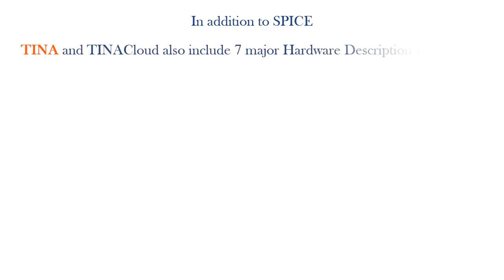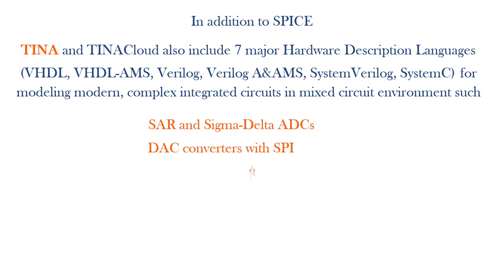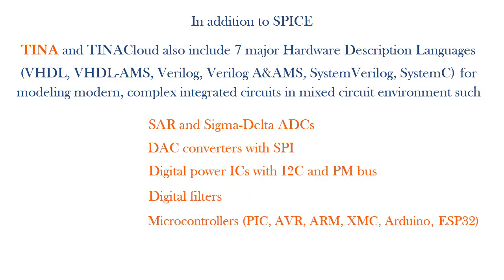In addition to SPICE, TINA and TINACloud also include 7 major hardware description languages: VHDL, VHDL-AMS, Verilog, Verilog-A and AMS, SystemVerilog, SystemC, for modeling modern, complex integrated circuits in mixed circuit environment, such as SAR and Sigma-Delta ADCs, DAC converters with SPI, digital power ICs with I2C and PMBus, digital filters, microcontrollers, PIC, AVR, ARM, XMC, Arduino, ESP32, and more.